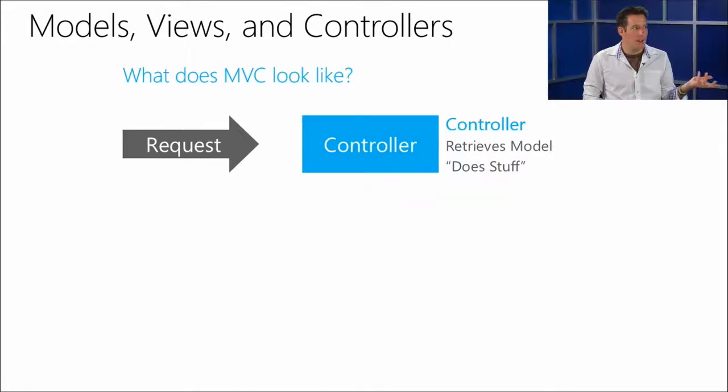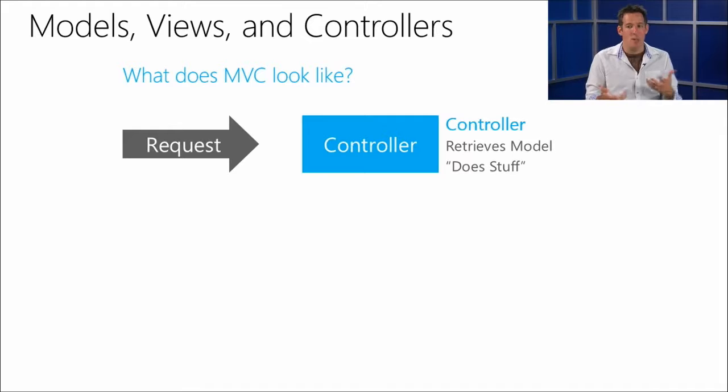Exactly. The simplest way I like to explain it is that the user is calling a method on a class. That really is it. Unlike in the past, you're not going to a PHP file, you're not going to an ASPX file, you're calling a method on a class. There's a little bit of magic that happens, which we'll talk about later, in how ASP.NET figures out what method needs to be called.